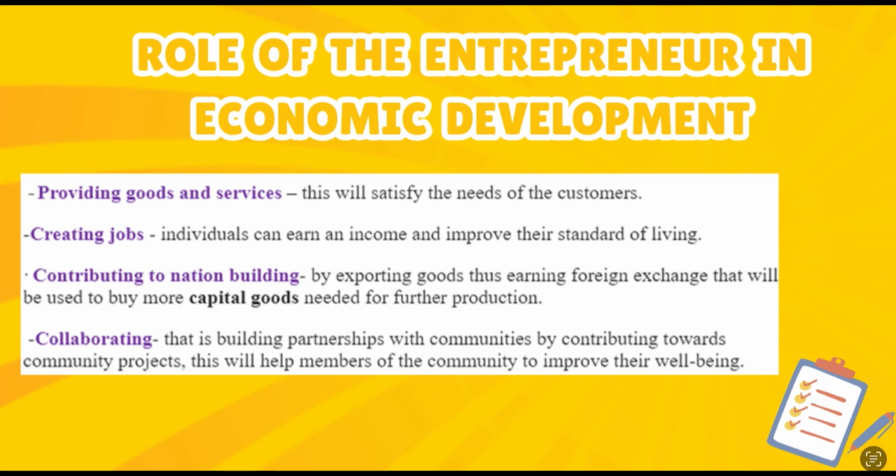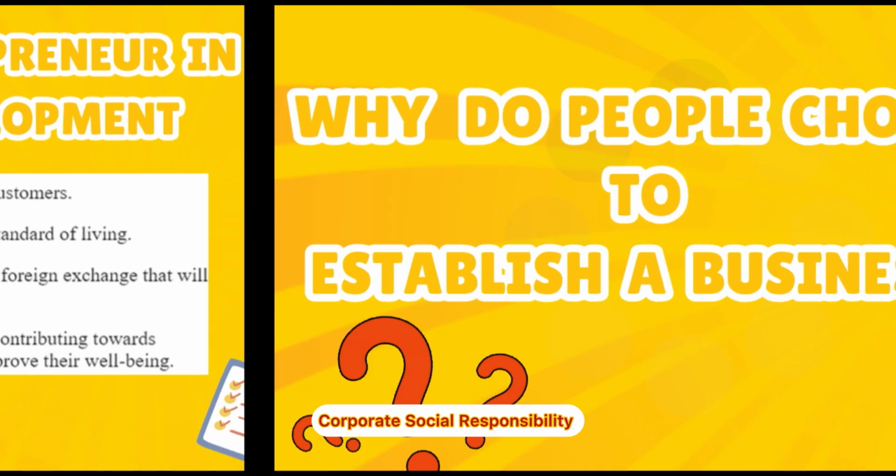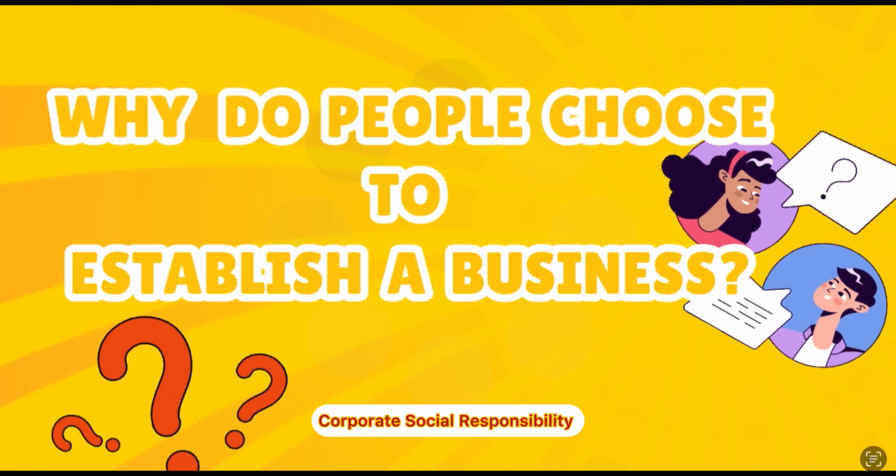This is building partnerships with communities by contributing towards community projects, and this will help members of the community to improve their well-being. A term that can be associated with collaborating is corporate social responsibility. This speaks to a company's commitment to carry out its business in an ethical way. Some examples of corporate social responsibility to its environment are donating to nonprofits or providing grants for employees for volunteer hours.